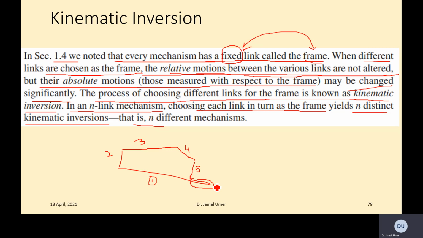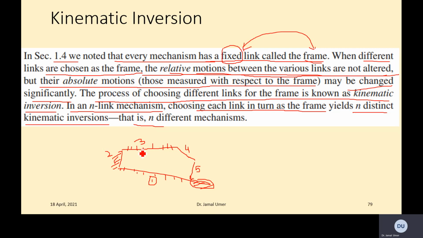So let's say you keep this one as a frame, so the others will perform some function, so they have some mobility. In the next step, you keep this as a frame, you keep this one fixed, and all others can move. In the next phase, you keep this one fixed and all others can move.